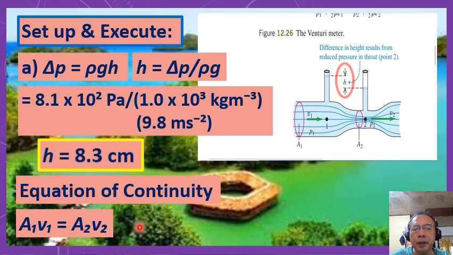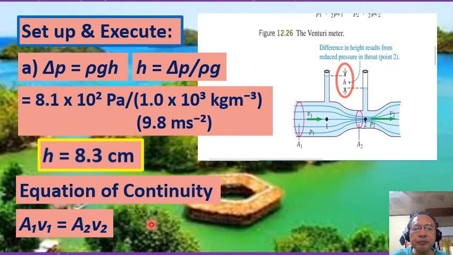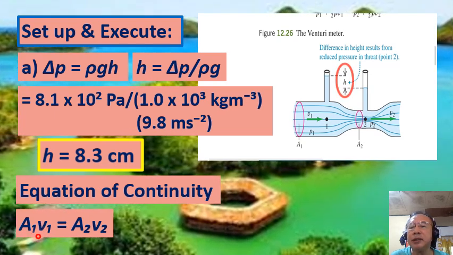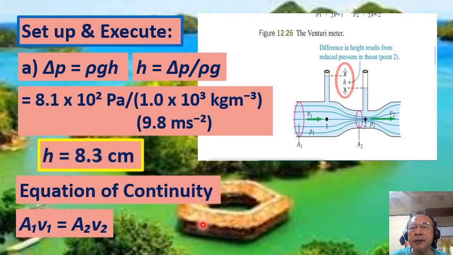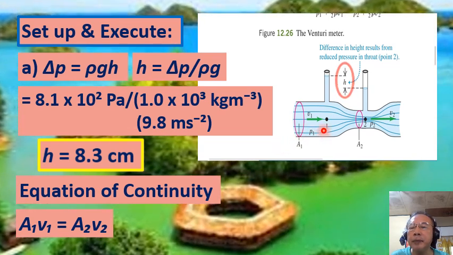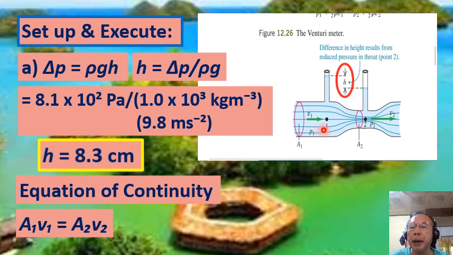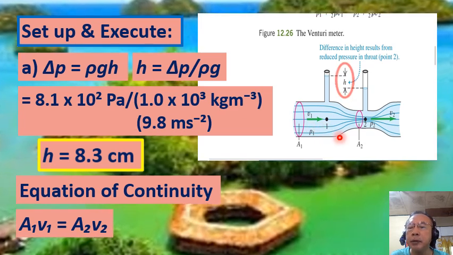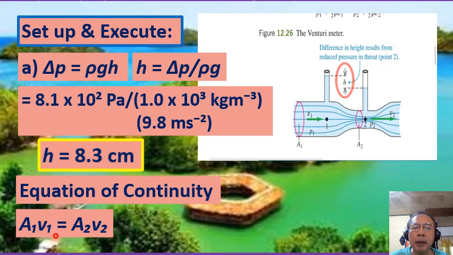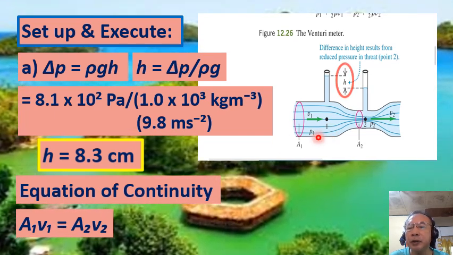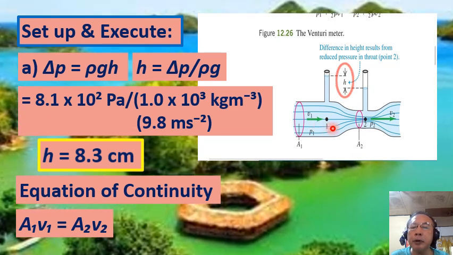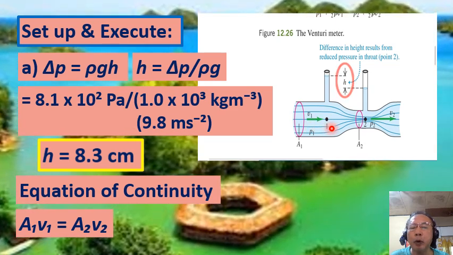right? And the meaning of capital A sub 1 is just the cross-sectional area of the wider portion of the pipe, or at point number 1. v sub 1 refers to the speed of the liquid water at point 1.